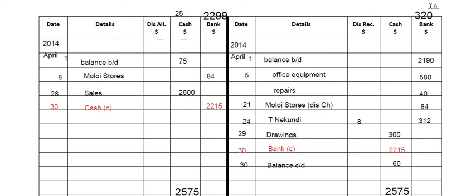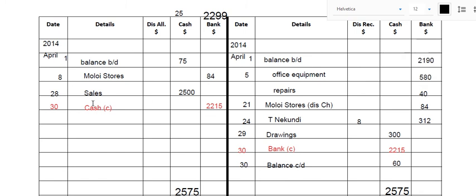So if you notice, there is again a bank overdraft because the payment is bigger than what you got into the bank. Money going out of the bank is 3206 and the money coming into the bank is 2299. So you are ending up with an overdraft of 907. So this will be entered as balance carried down.